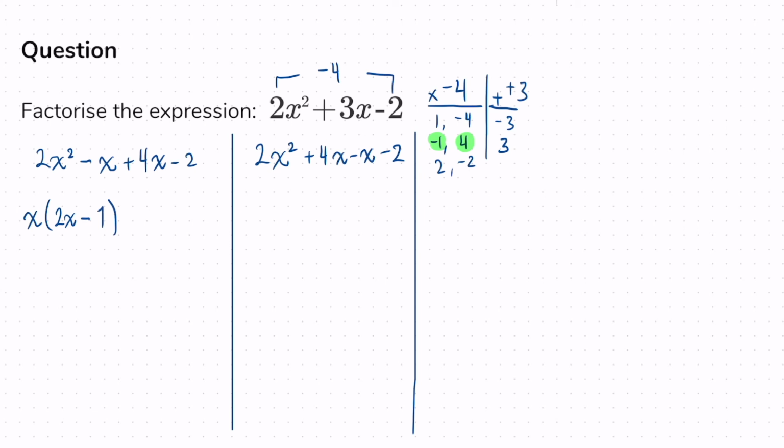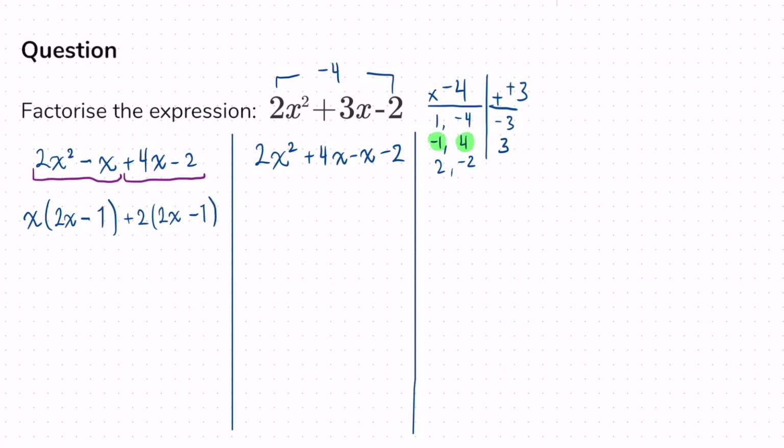Then we look at the other two terms. What are the common factors of 4x and minus 2? The common factor is going to be 2 or minus 2. Let's have a look at what that does. If we do it as 2, x plus 2, we get 2x minus 1.